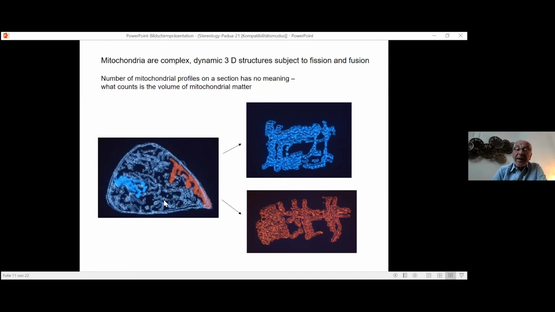Mitochondria are complex, dynamic 3D structures subject to fission and fusion, and it's absolutely meaningless to count mitochondrial profiles on individual sections. So just forget about that.